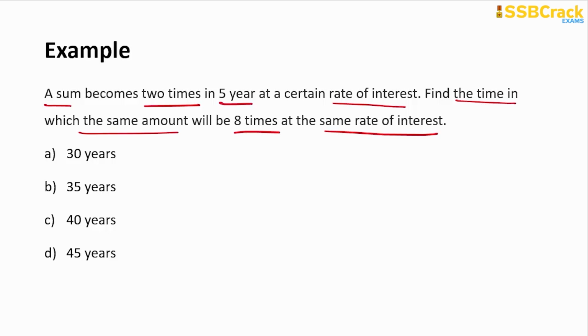So it's the formula for T2. For 2 times, that is n equals 2, the time period T1 is known to us, 5 years. And the second time they ask you T2: find the time in which the same amount becomes 8 times, that is m times, with the same rate of interest.